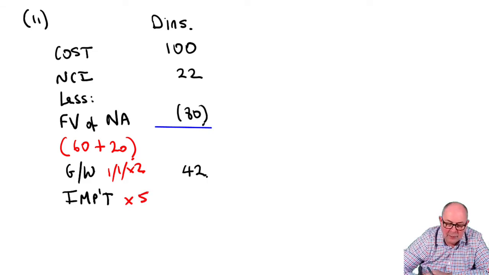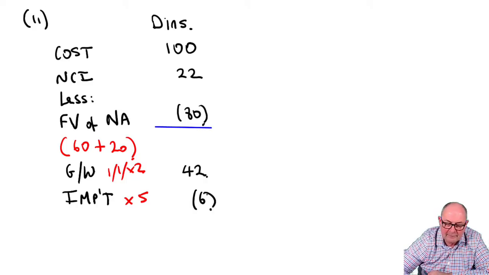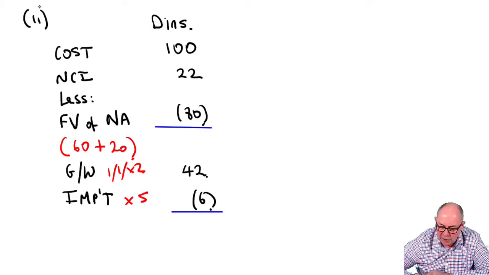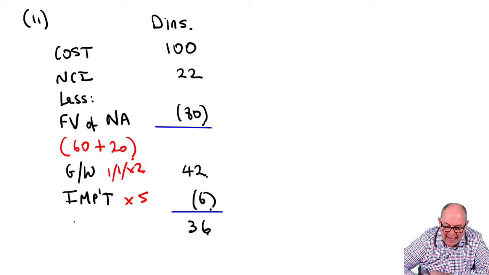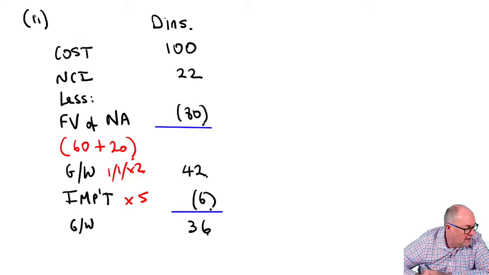We're told the value of that impairment was 6. So after the impairment in dinar, the goodwill would have been valued at 36. That's the position for the goodwill at the start of the year we're interested in, on the 1st of January 06.